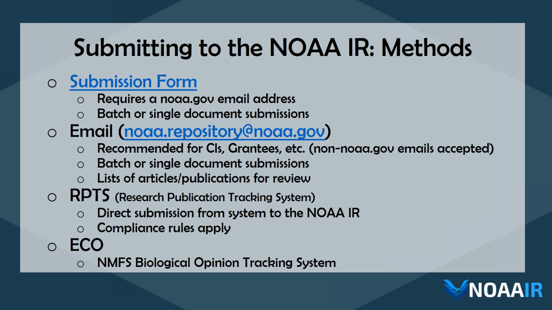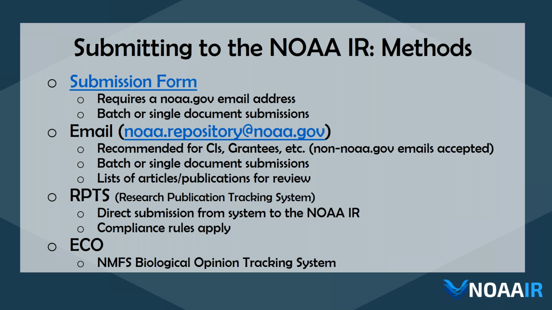It does require a NOAA.gov email address. So if you do not have a NOAA.gov email address, say for our partners in the cooperative institutes or cooperative science centers, they can also email those submissions to us at NOAA.repository@NOAA.gov. Again, you can submit a single document, you can submit batch documents.